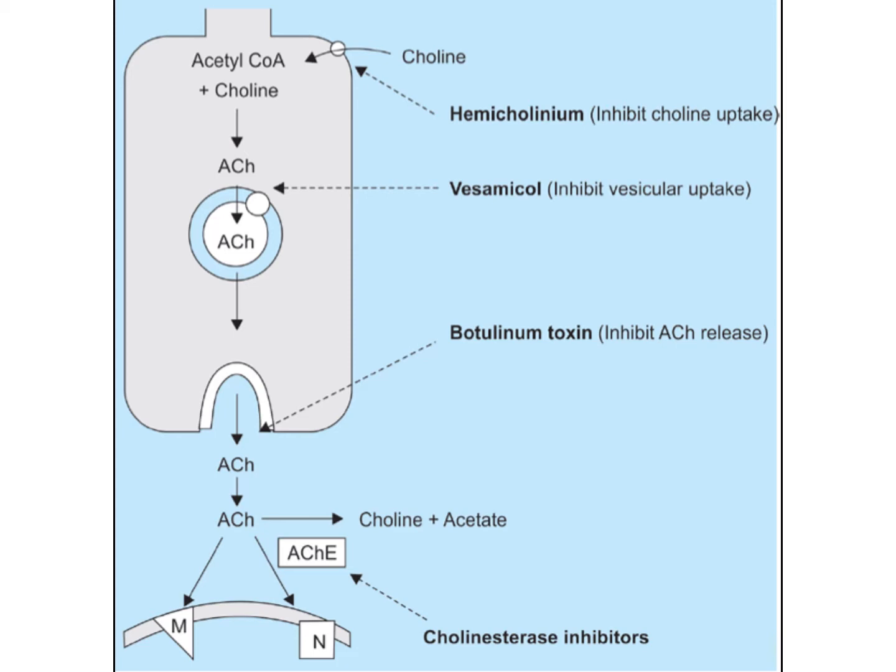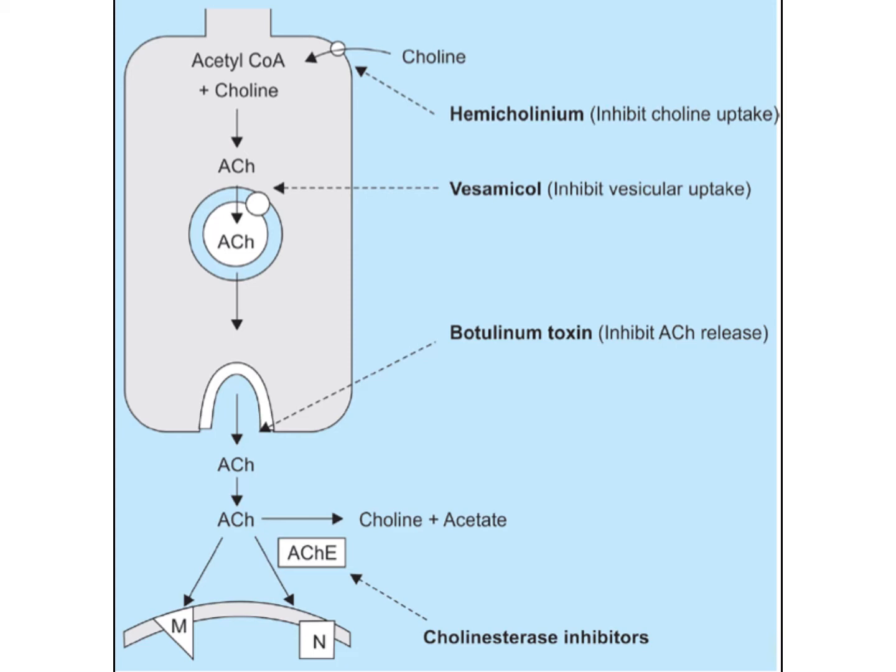The choline uptake, which was the first step in the synthesis, is blocked by hemicholinium, which prevents the uptake of choline into the axonal membrane. Further, when acetylcholine was synthesized, it was taken up by the vesicular transporters to be stored in the vesicle. These vesicular transporters are blocked by vesamicol, and it thus prevents the vesicular uptake of acetylcholine.